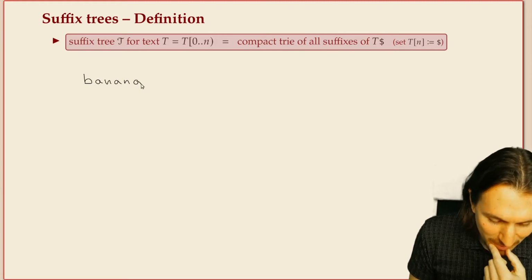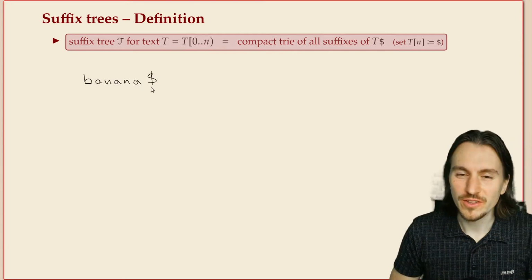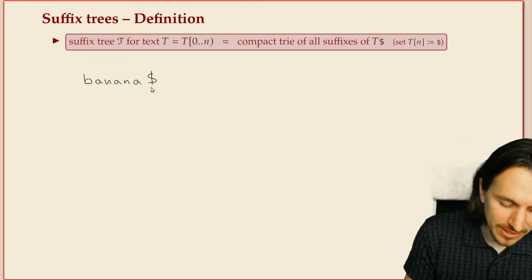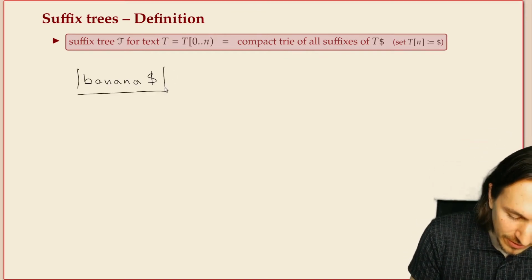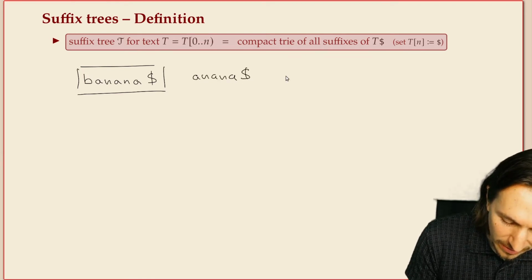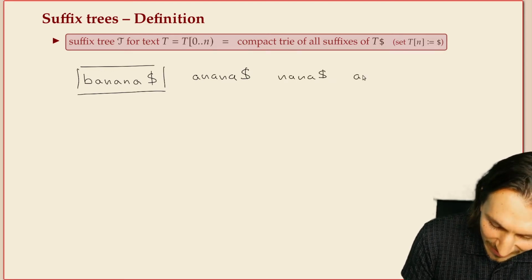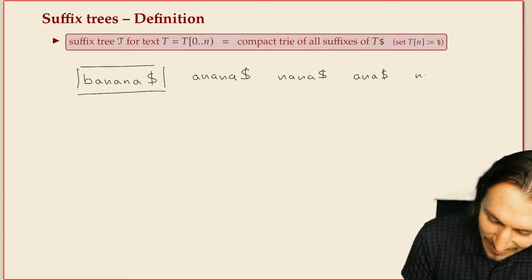This might already take some time, but let's do banana and see how far we get. So this is our string. Now we take all the suffixes. So that's banana, and that's anana, and it's nana, and anna, and na, and $.